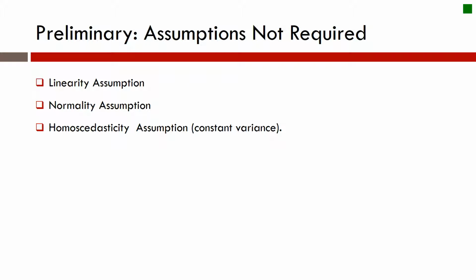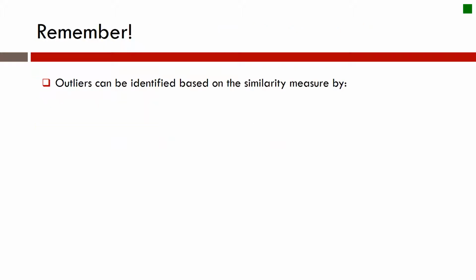While we're concerned about multicollinearity, these assumptions that we would normally have within a multivariate environment can be relaxed to some extent because the process does not rely on linearity, normality, and homoscedasticity, so that's fantastic.